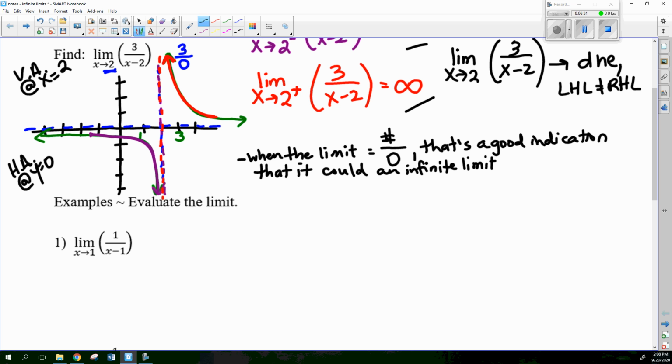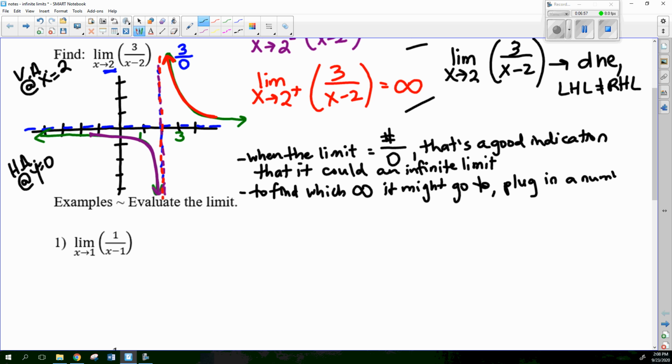Now, to actually find which infinity it might go to, all right, you're actually going to plug in, like mentally check, plug in a number a tiny bit to the left and or right, depending on the question.